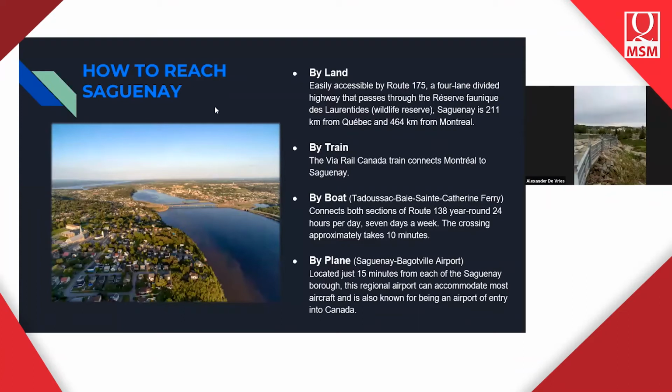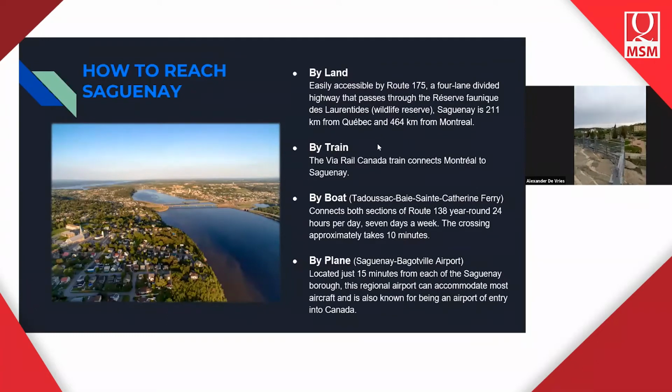Just to remind everyone, coming back to Sangney itself, we're about 4.5 hours drive north of Montreal and about 2 hours drive from Quebec City. It's very easily accessible now. There's a fantastic road system. They built a double lane road through the mountain range between here and Quebec City.